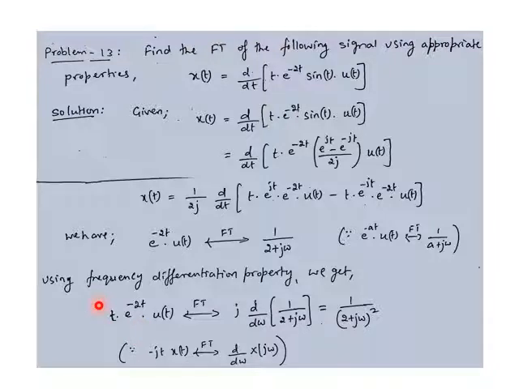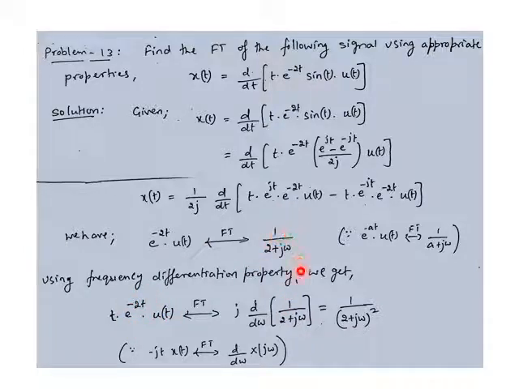If I have minus j here, no issues, but I'll take minus j to the other side, so minus 1 by j. If I multiply numerator and denominator by j, it is j divided by minus j square. j square is minus 1, so minus times minus gives plus 1, and j remains in the numerator. So j into d by d omega of X of j omega, where x of t I considered only as e to the power minus 2t into u of t.